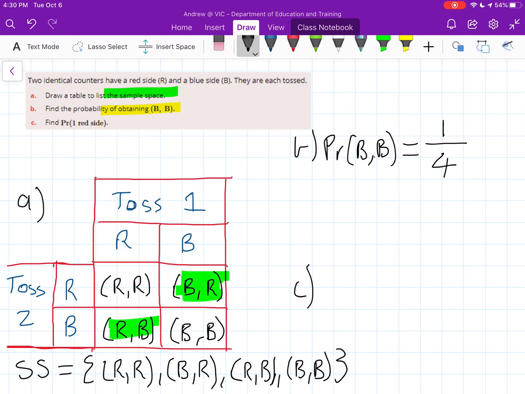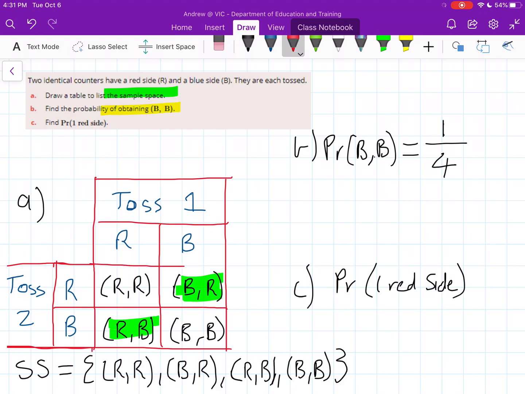Now we need to have a look at the probability that we've got one red side. We just need to count up all the ones that have at least one red side. I accidentally got rid of the wrong line there, I'll just do this in this color here.